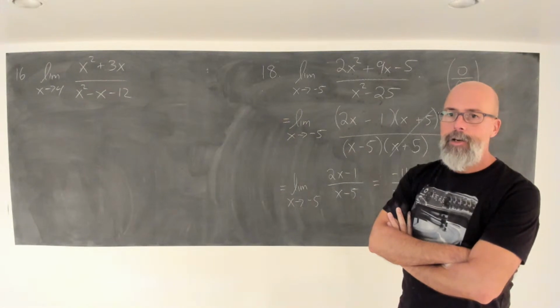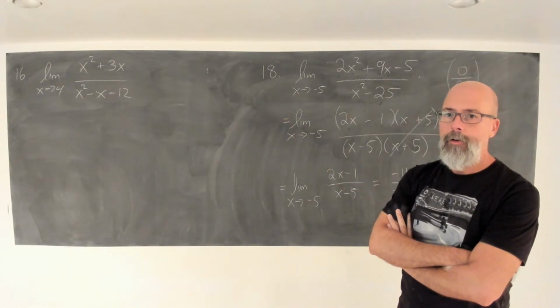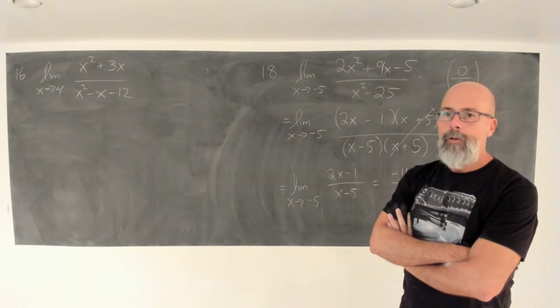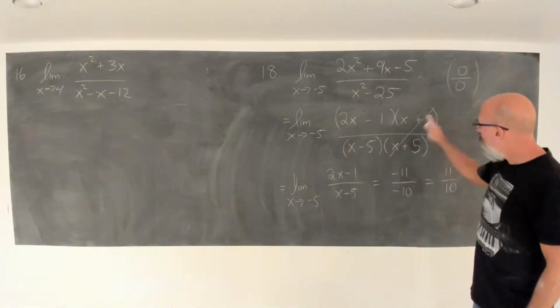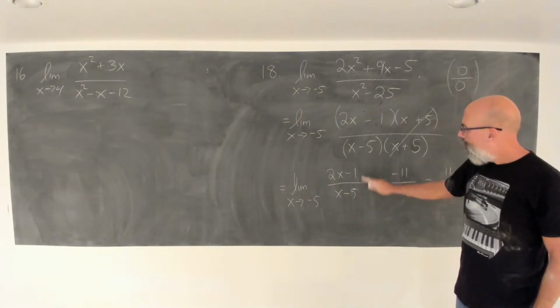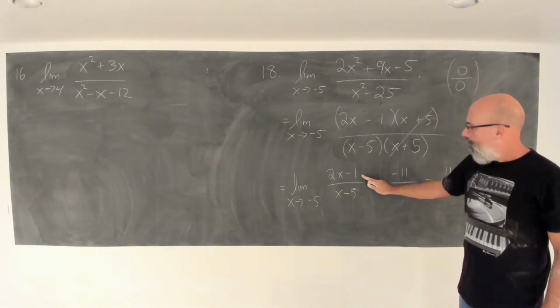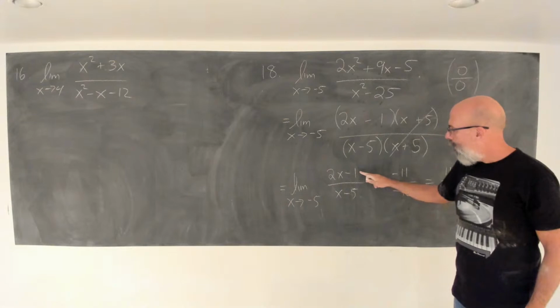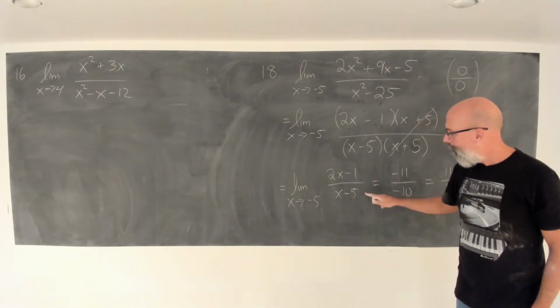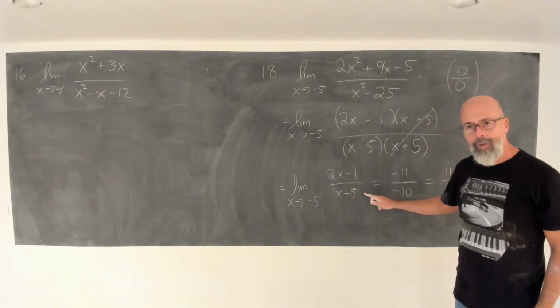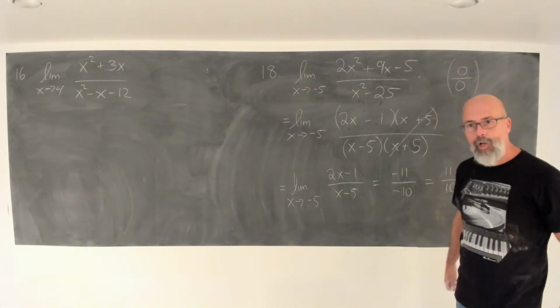How do you get the numbers? Well, after canceling this, a limit of a quotient is a quotient of the limits. And these are just polynomials, so you can just plug in.